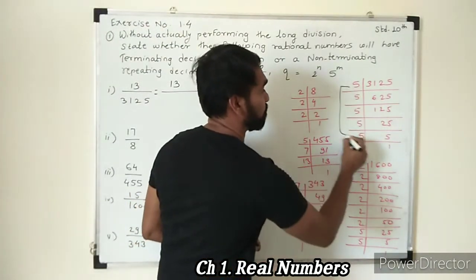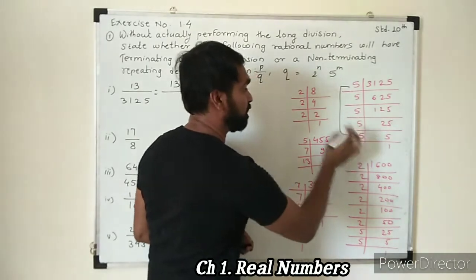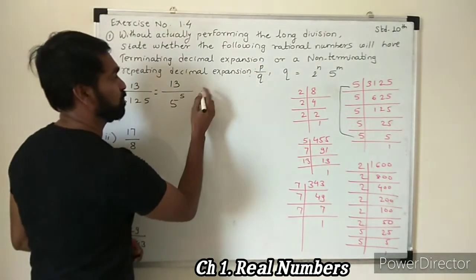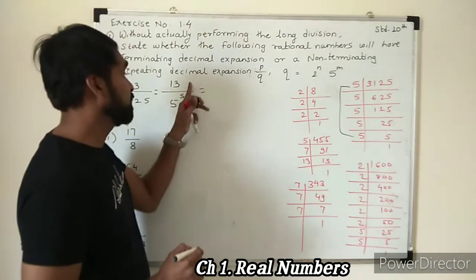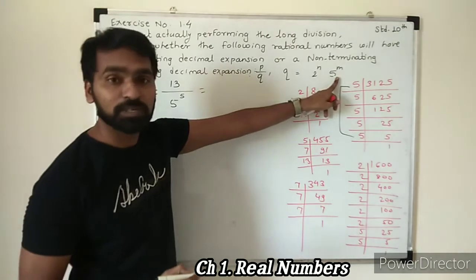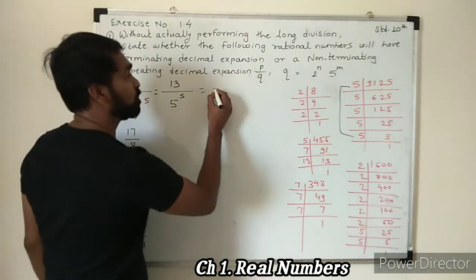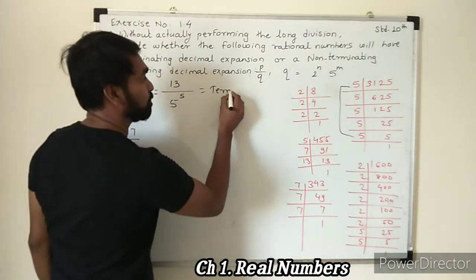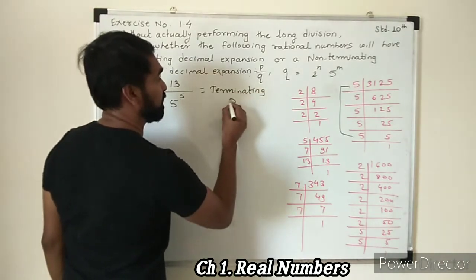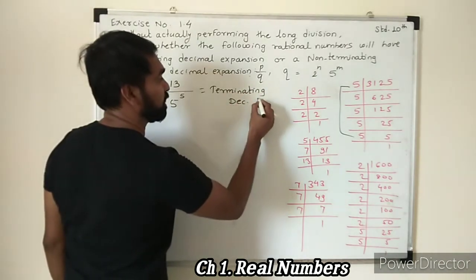Here 1, 2, 3, 4 and 5. So you write it as 5 raised to 5. So 13 upon 5 raised to 5 is in the form of 5 raised to m. Therefore this one is a terminating decimal expansion.